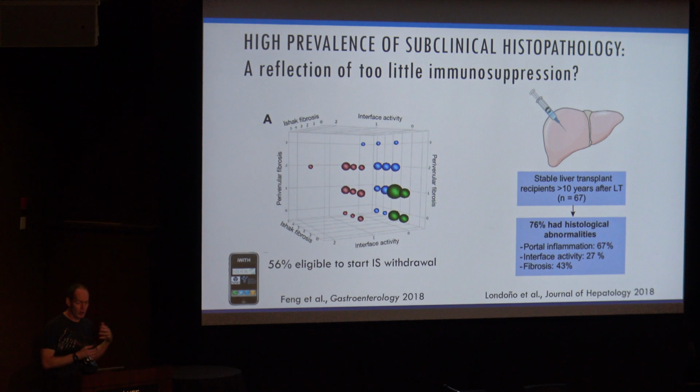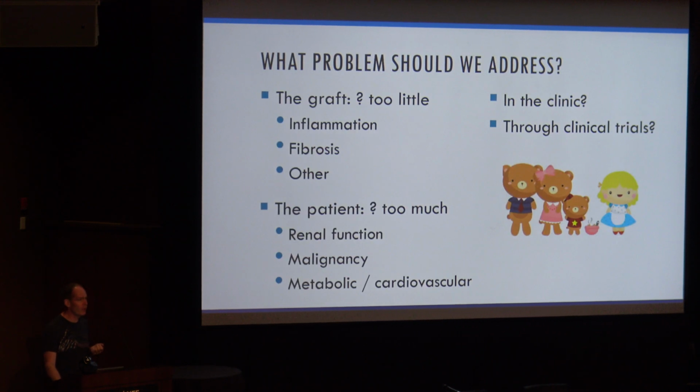And so you can argue that we therefore need to tweak alloimmunity. However, the flip side is that these are very long-term surviving patients, and the morbidity and mortality of immunosuppression is a dominant feature of their landscape in the future as they live longer. And therefore, what should we be doing and how should we be doing it?